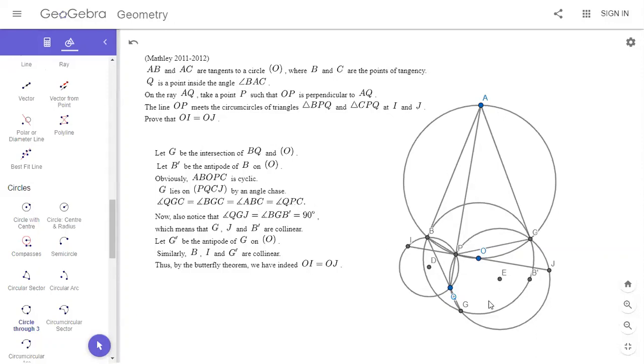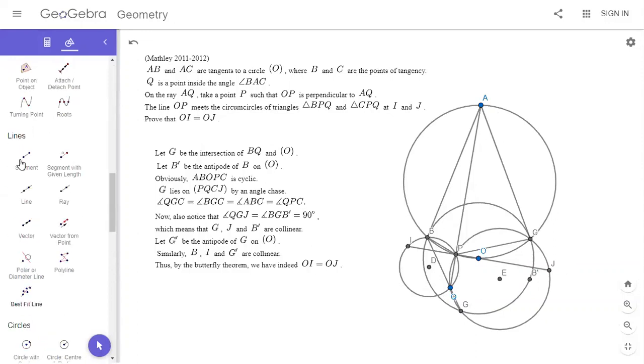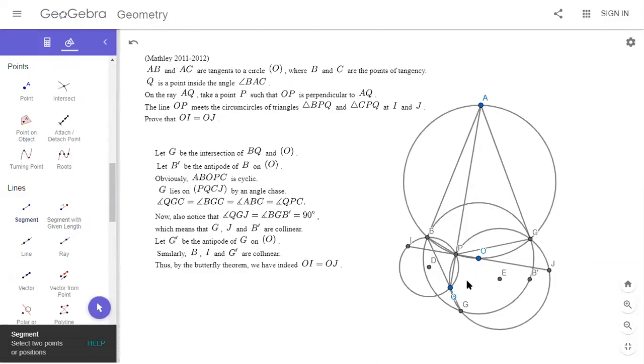Okay. Now, angle QGJ is equal to BGB prime. Let's see. QGJ. So basically, you're saying those points are collinear.